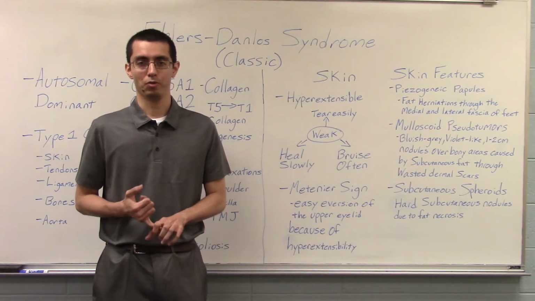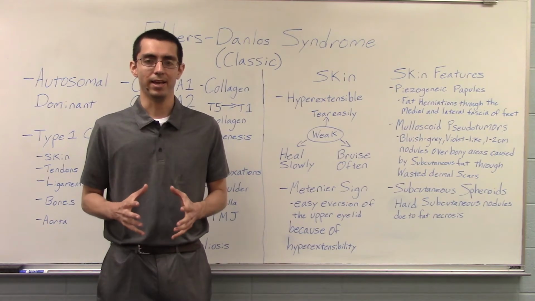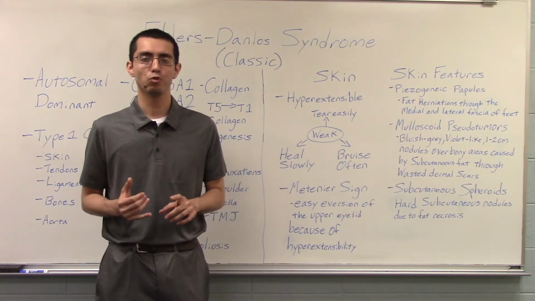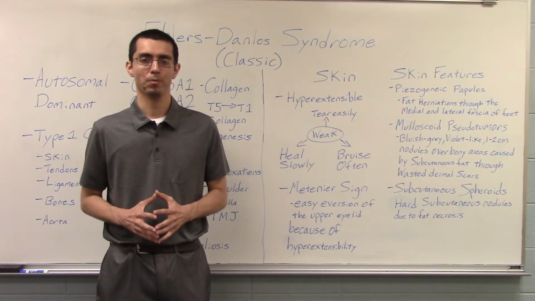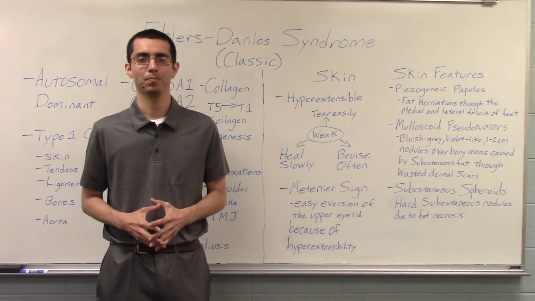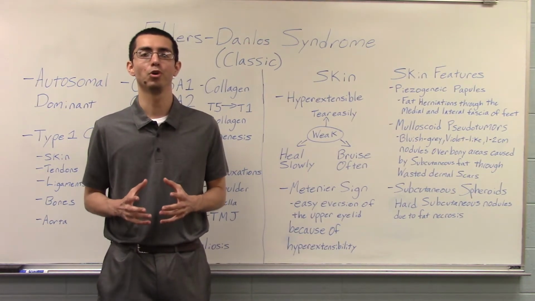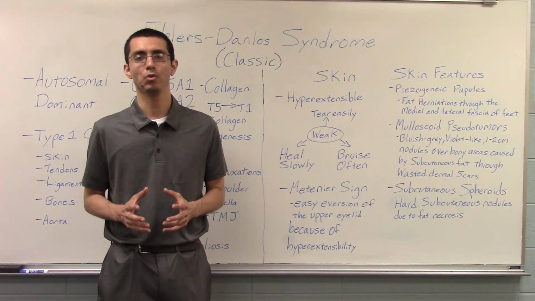Molluscoid pseudotumors are bluish-gray, violet-like, 1 to 2 centimeter nodules over bony areas caused by subcutaneous fat through wasted dermal scars.